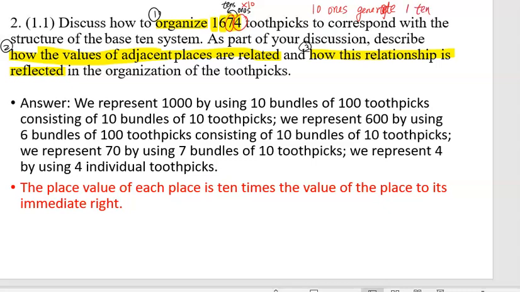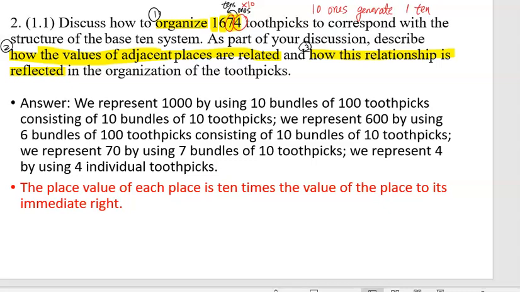So that's how we make a 10. And similarly, how do we generate a 100? We take 10 bundles of 10 to make 100.